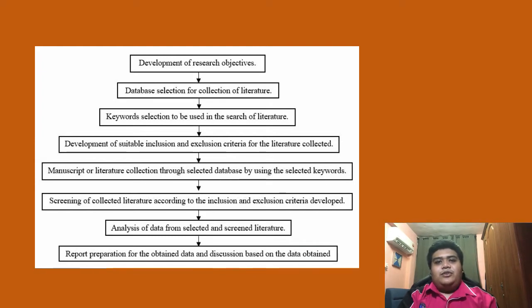After the screening process, the final step is data analysis and preparing report. So the data obtained that have been analyzed will be discussed to show the potential of banana stem bioadsorbent to be used in palm oil mill effluent treatment.